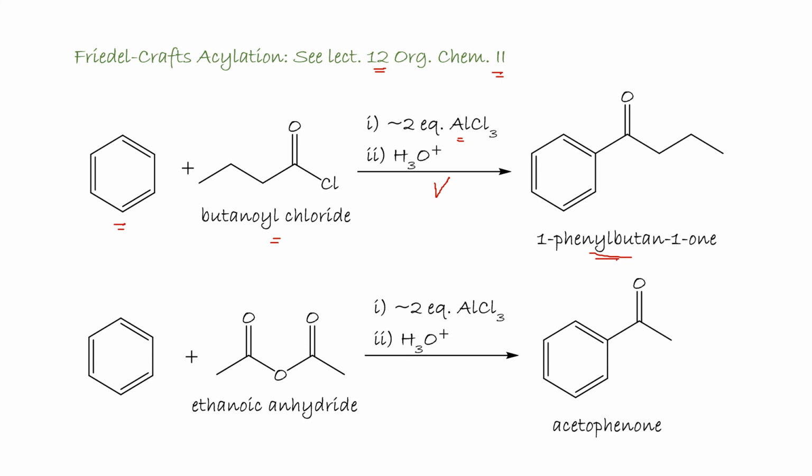In here we have benzene with butanoyl chloride, you get 1-phenylbutan-1-one. You can do Friedel-Crafts using anhydride. So benzene with ethanoic anhydride will give acetophenone.